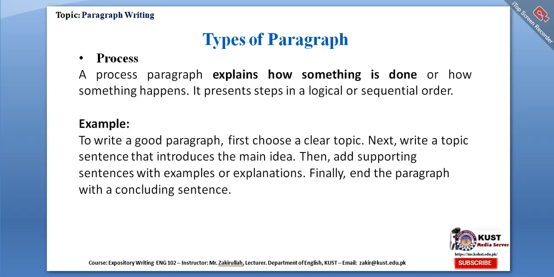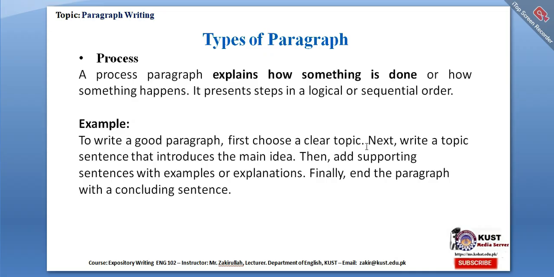For example, to write a good paragraph, first choose a clear topic. Next, write a topic sentence that introduces the main idea. Then add supporting sentences with examples or explanations. And finally, end the paragraph with a concluding sentence. Now, this paragraph tells us how a paragraph can be written.